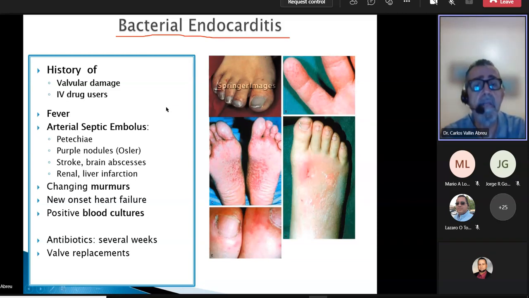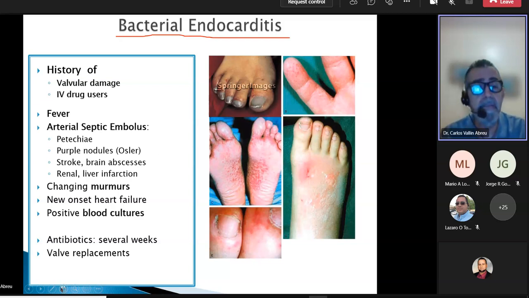Those clients are diagnosed with blood cultures and treated with long periods of antibiotics, because the culture demonstrates the type of bacteria. Streptococcus and staphylococcus are frequent causes. Any bacteria could produce endocarditis, and sometimes the valves are so damaged that they need to be replaced. So they could have a replacement of the mitral or the aortic valve.